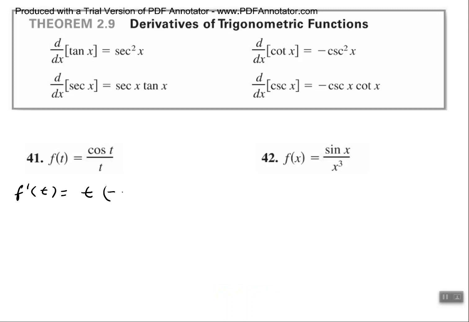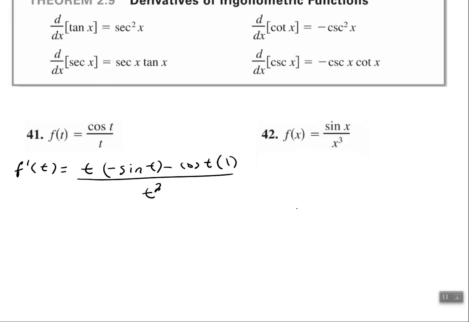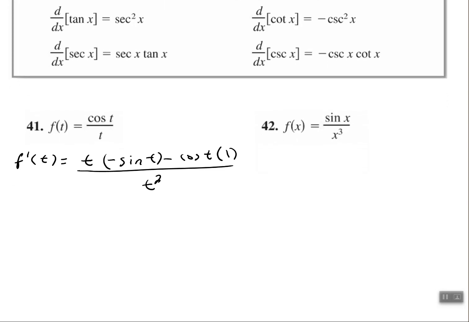Derivative of cosine is negative sine of t, minus high, cosine of t, times the derivative of our denominator, which is just 1, all over low, or our denominator squared. And then we'll just clean this up a little bit. So negative t sine of t minus cosine of t all over t squared.